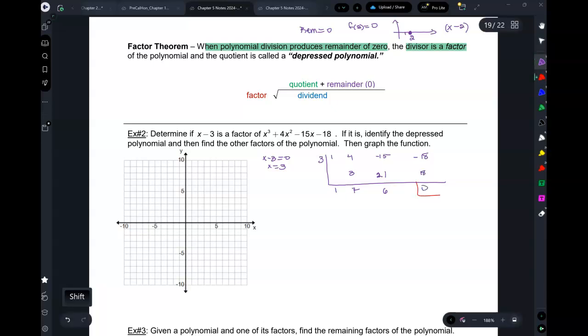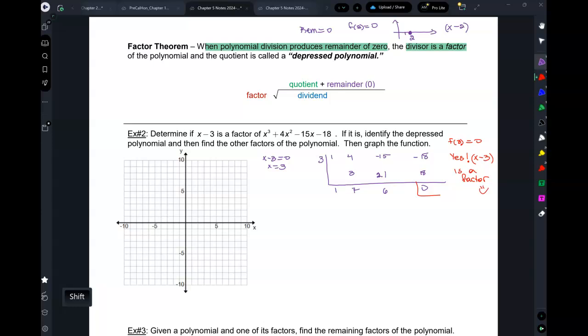Okay, I get a 0 remainder, correct? That means f of 3 equals 0. That means yes, x minus 3 is a factor.